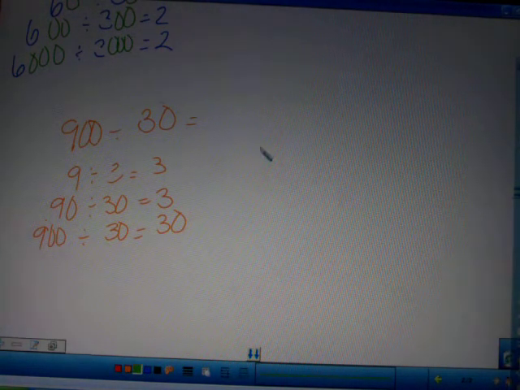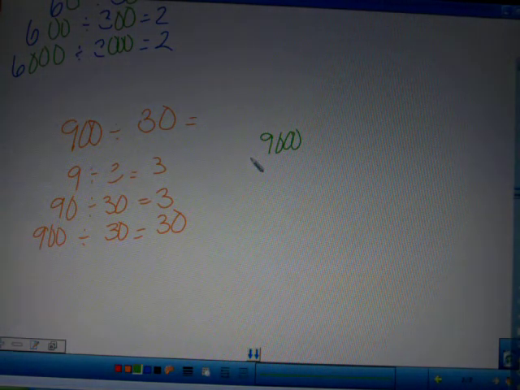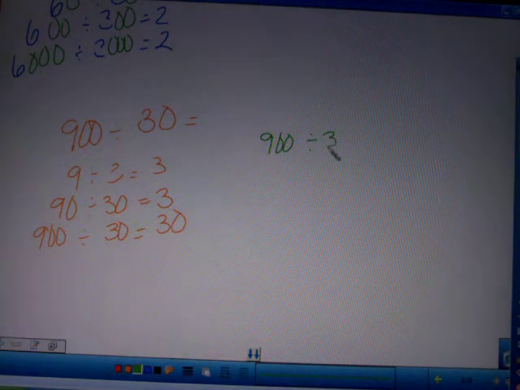Another way to go about solving it is to cross out the zeros to make it easier. So I'm looking at my original problem of 900 divided by 30. I'm going to get rid of a couple of zeros. This 0 and this 0 cancel each other out.